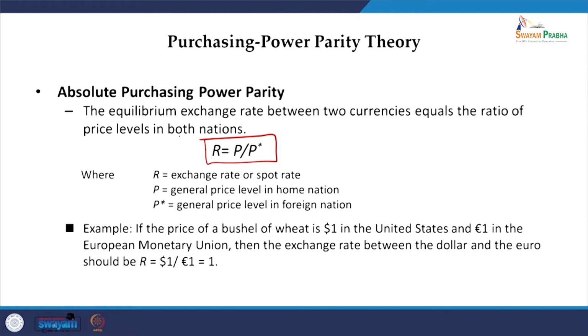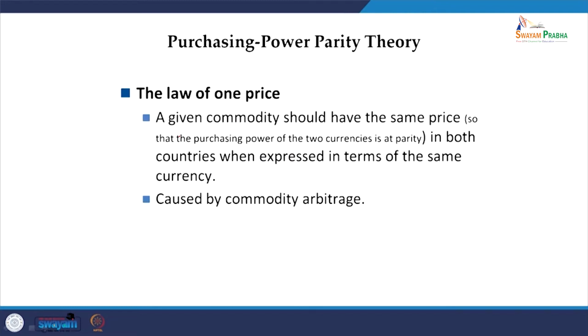So, when you simply divide the price ratio of the particular commodity, that ratio is defined as absolute purchasing power parity. It is based on the law of one price, which I have already said.